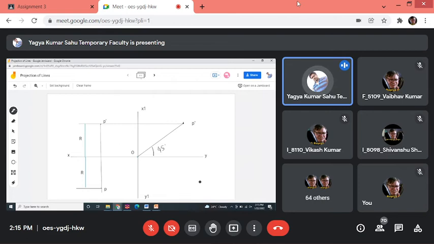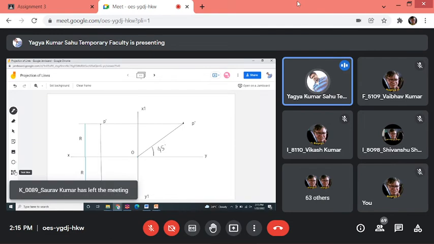So for the side view, always remember two things: the distance of the side view from XY, the horizontal reference line, will be the distance of the point from the horizontal plane. Are you getting this one?